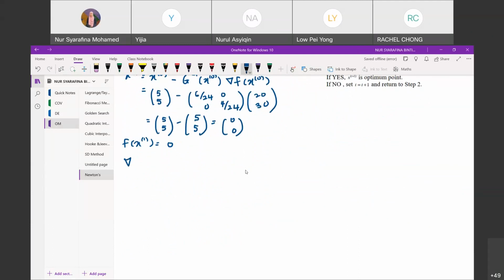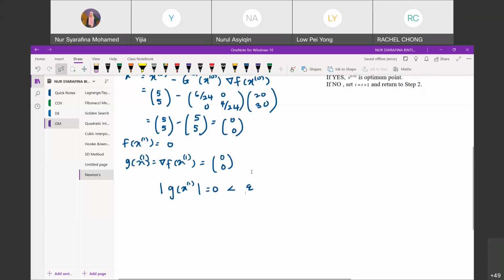Check g, the derivative of f at x naught, so f at x1, right? Which gives you 0, 0. So now the modulus of g at x1 is 0, which is less than epsilon.